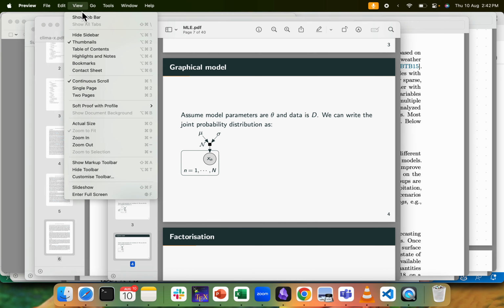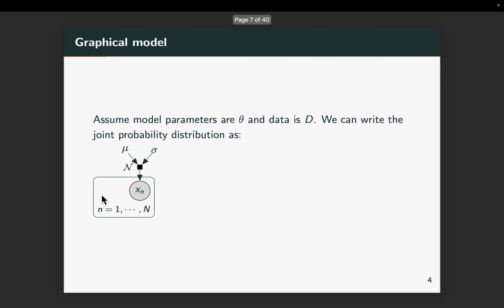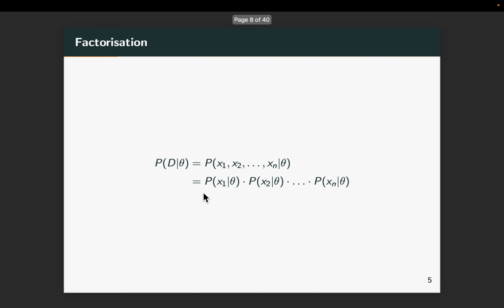So at this point, as a consequence of the IID sampling, what we can say is the probability of observing certain data D given certain model parameters theta. Let's say my data is just some observations from a Gaussian distribution.